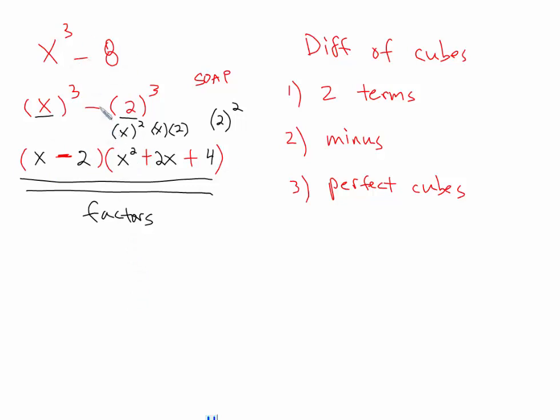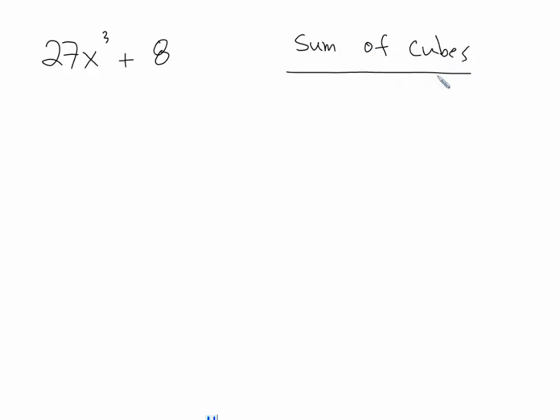Okay? Now, when we're talking about cubes, we also have sums. For example, let's say something like 27x to the third plus, let's say 8. So this here would be considered a sum of cubes. Right? So why is it a sum of cubes? Alright, the requirements are pretty much the same. We have two terms.